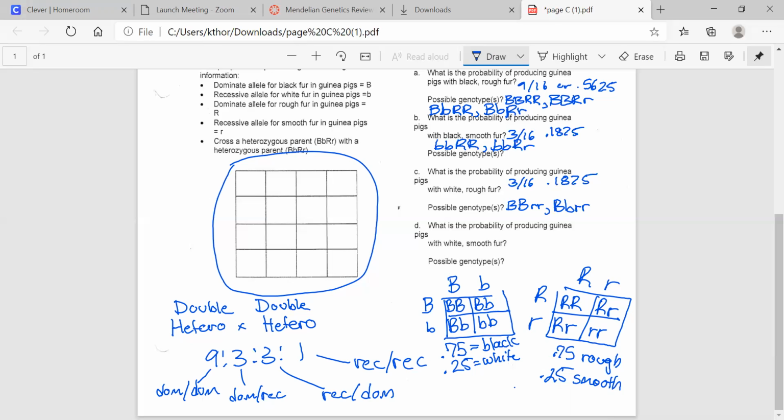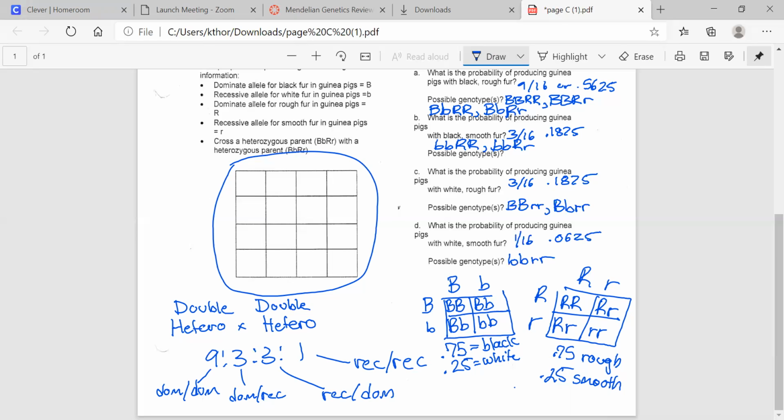What is the probability of producing a guinea pig with white and smooth fur? That is going to be 1 out of 16, or 0.0625. The only possibility would be a double homozygous recessive, a double mutant.